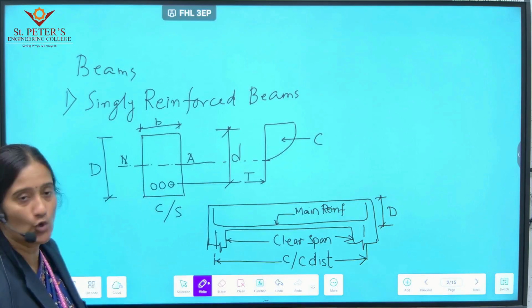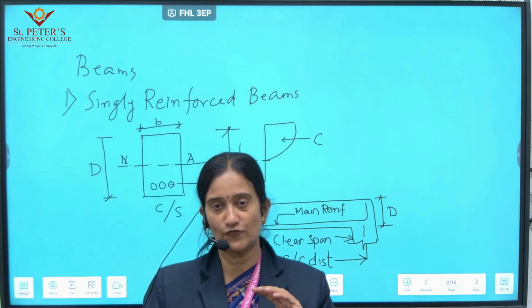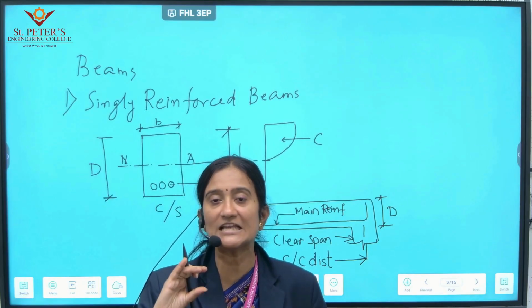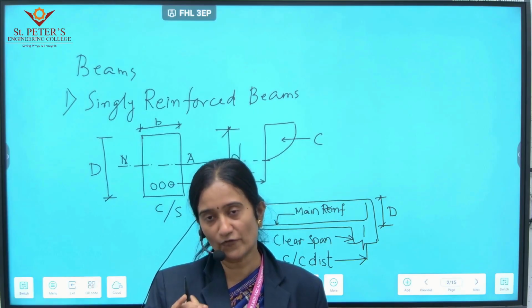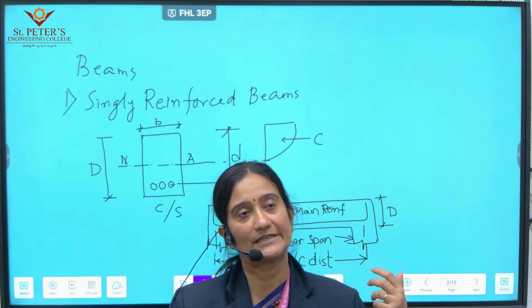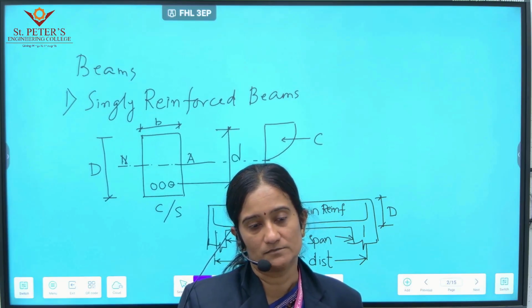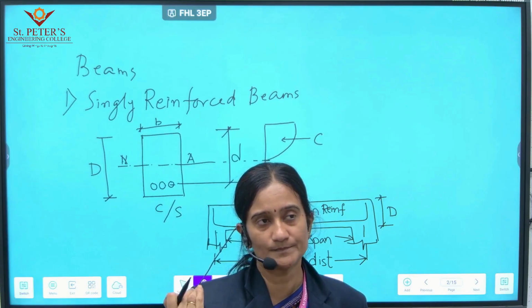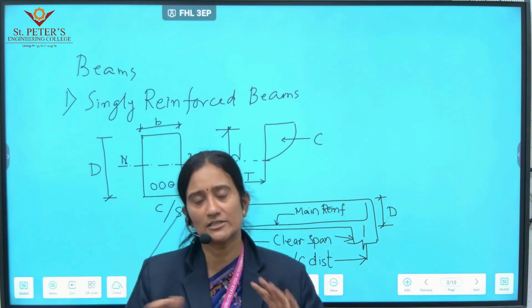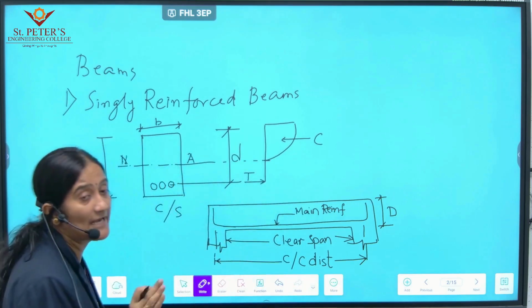Another thing we should know is cover. When we place the reinforcement, there is some clear space between the reinforcement and the bottom of the beam. It is provided so that there is no problem from climatic exposure, whether mild or moderate.